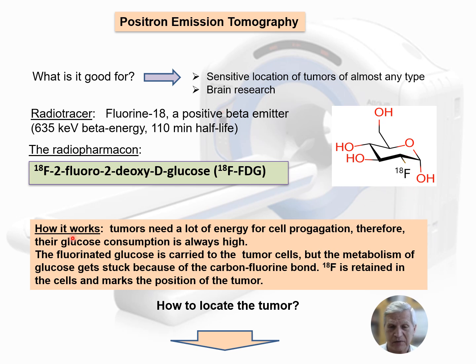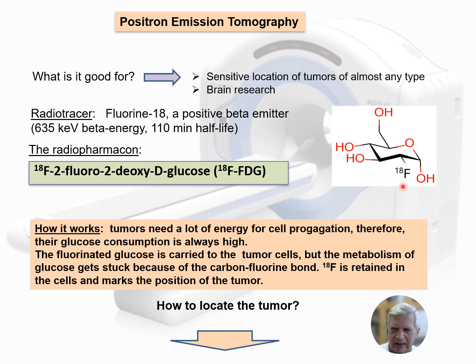So how does it work? Tumors, any tumor, need a lot of energy for cell propagation. Therefore, the glucose consumption is always high. The fluorinated glucose is carried to the tumor cell, but the metabolism of glucose gets stuck because of the carbon-fluorine bond. So this is a big trick. We, how to say, mislead the body, because we give the body glucose.